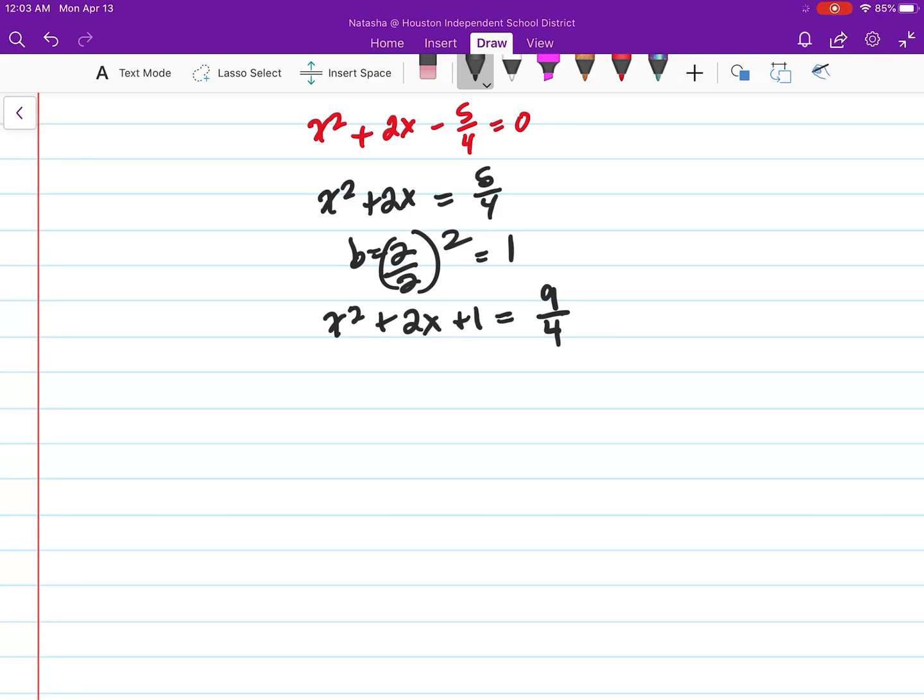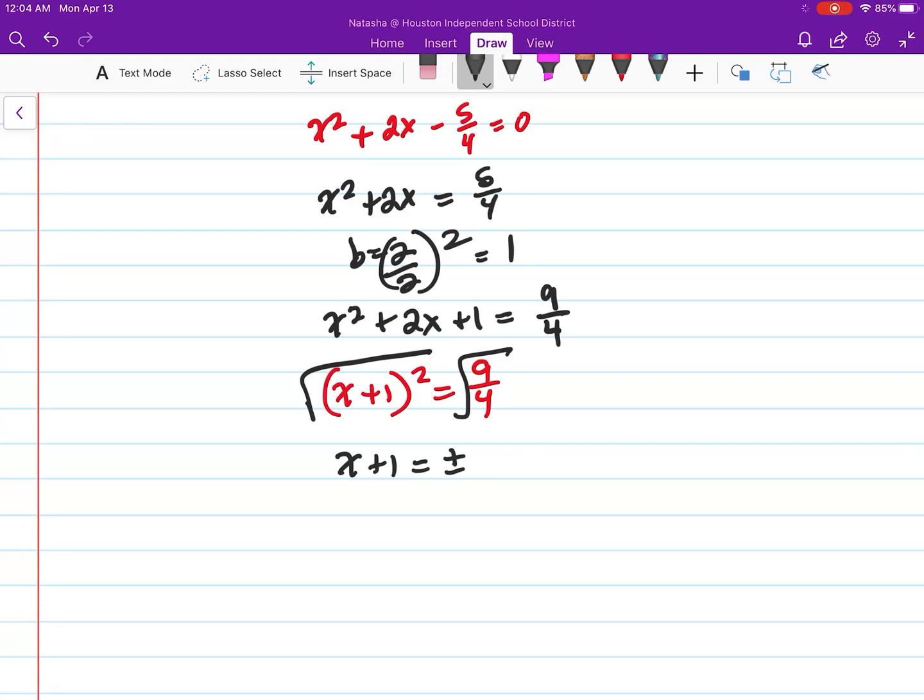The reason is that if you notice, 9 is a perfect square and 4 is a perfect square. And we're trying to complete the square, we're trying to find the perfect square trinomial. Well, we have a perfect square trinomial on the left. That's going to be x plus 1 squared is equal to 9 over 4.